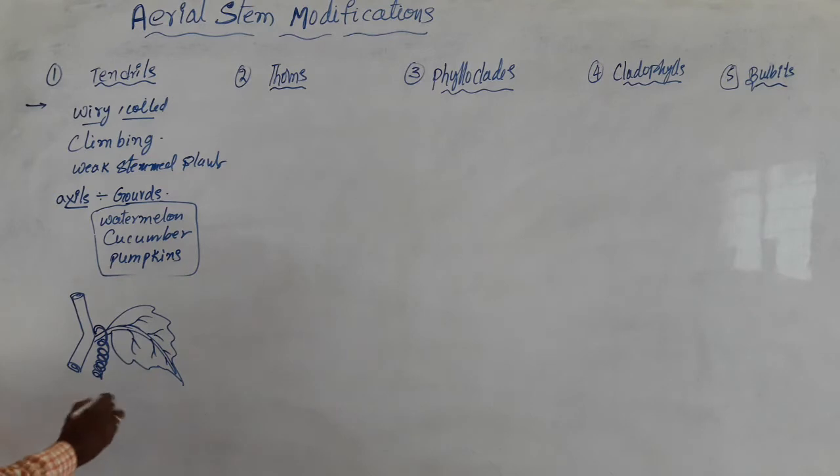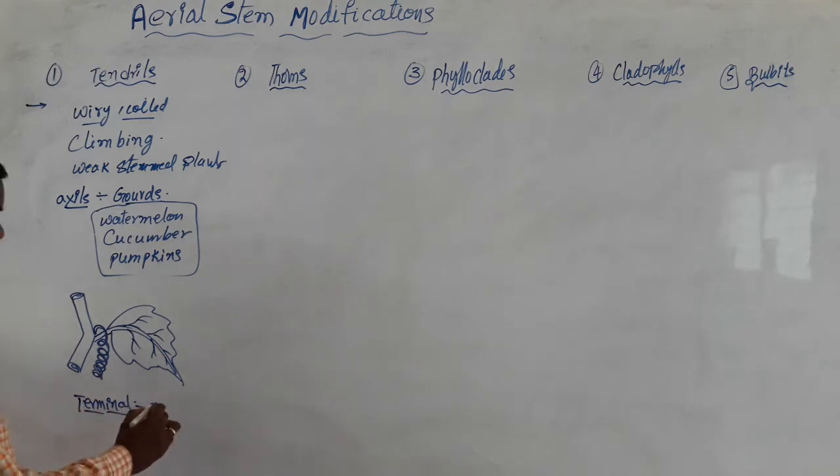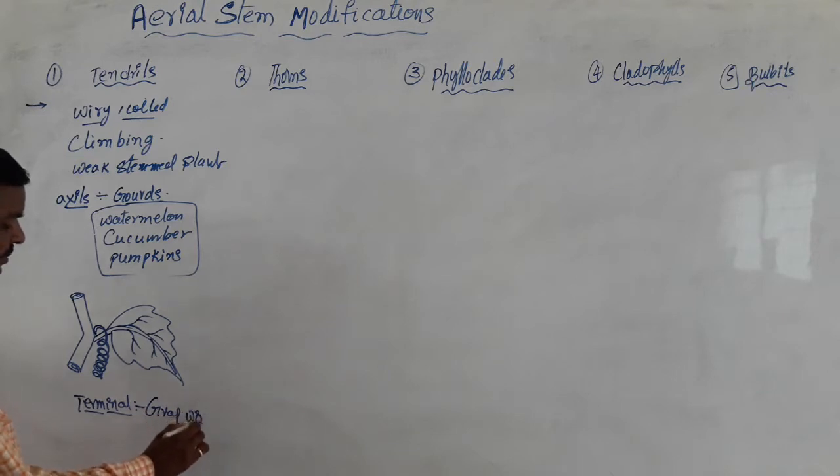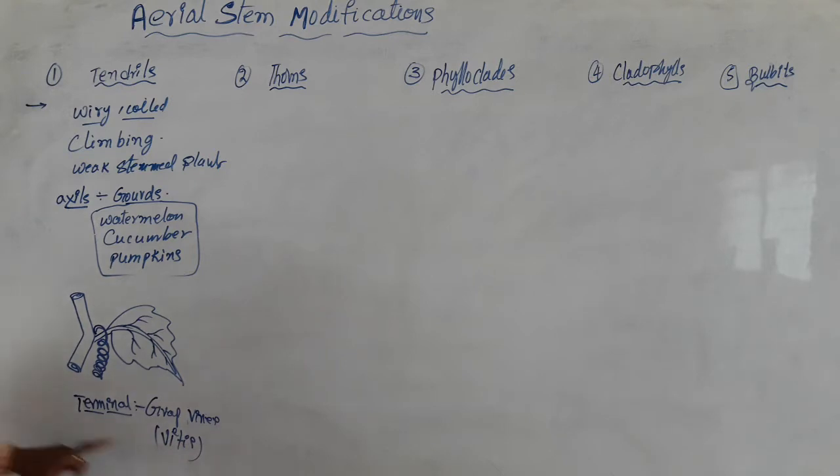Similarly, in some plants, the terminal bud also develops into a tendril. In case of grapes, grape leaves, example, Vitis. Scientific name of grapes is Vitis.